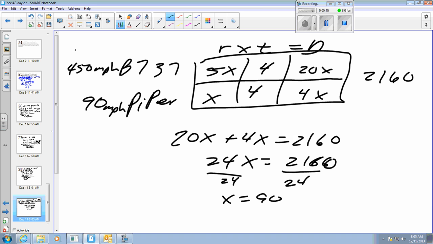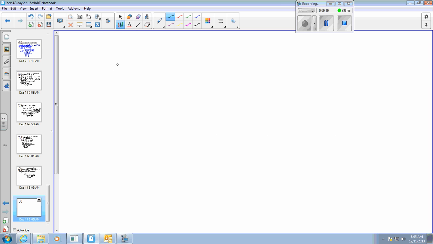The last question that we're going to do today is question 25. Hertz Rental Car Agency charges $25 a day plus 10 cents per mile.